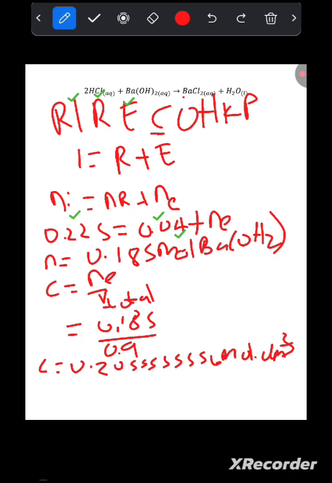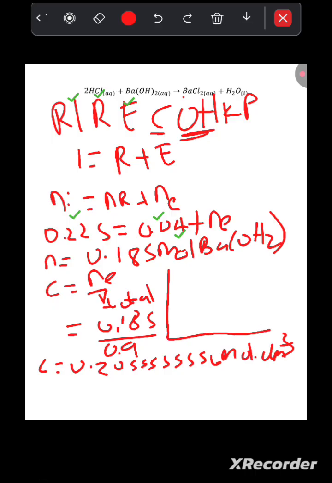After getting the concentration, where do we go? We come here, the concentration of OH. We now want the concentration of OH because we have got the concentration of the base. If we check now, the ratio of the barium to OH.